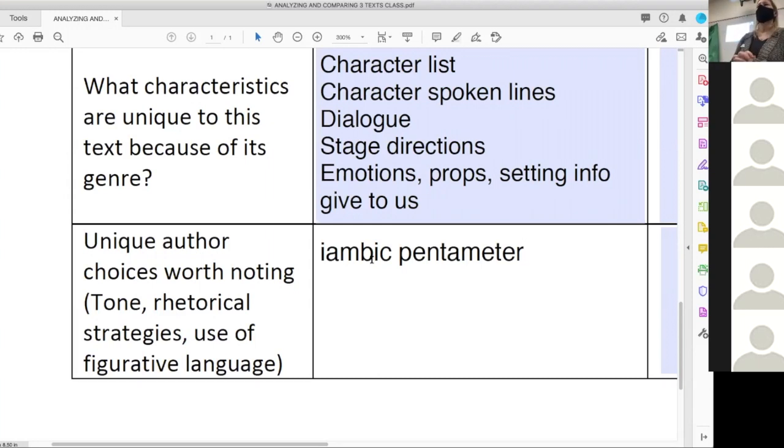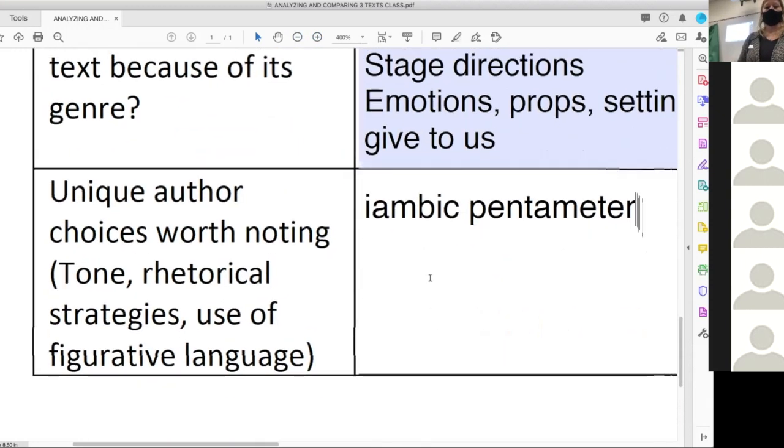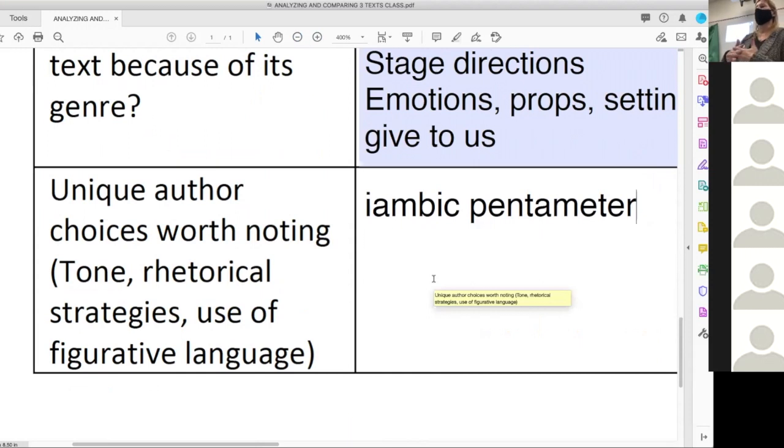So iambic pentameter was a common writing choice in Shakespeare's time because of the rhythm of the lines. When someone was on stage speaking lines that were written in iambic pentameter, they had a much more artistic feel to them than other types of dialogue.